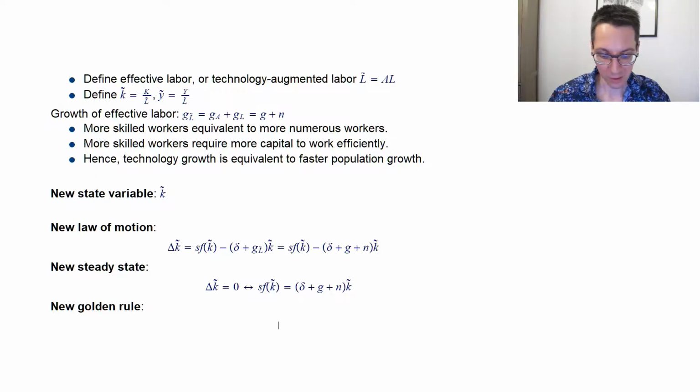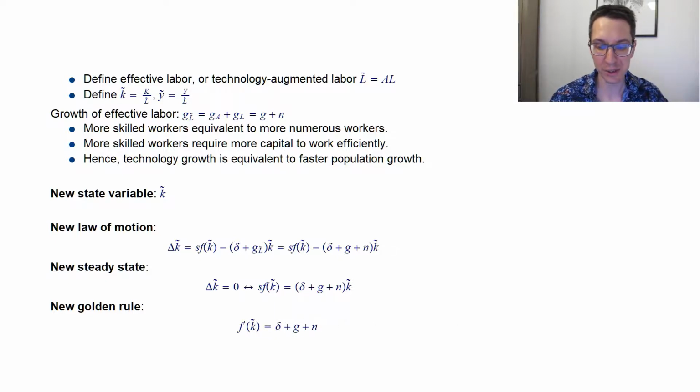So the new golden rule is that the derivative of f with respect to k tilde is equal to delta plus g plus n.